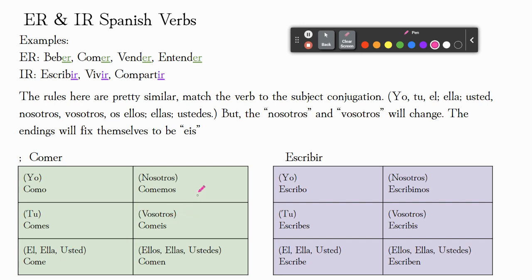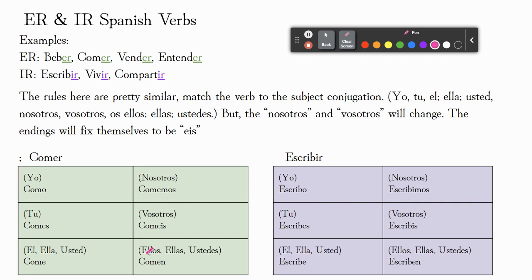Now, this is where it gets a little different. The vosotros form does change. Instead of it being with an ÁIS, it's just ÉIS or ÍS. There's no A. So coméis and escribís. But that's really the only difference between the AR verbs and ER and IR verbs.